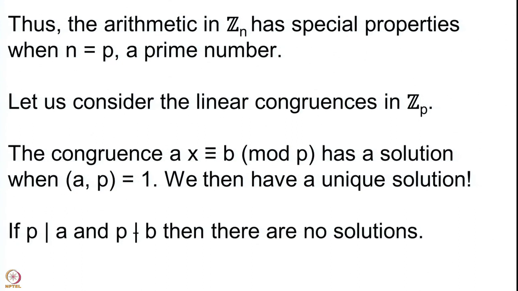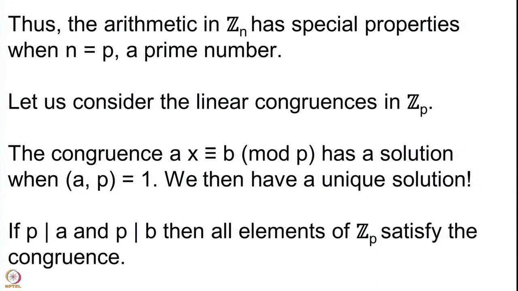Further, if you have p dividing a but p does not divide b, then there are no solutions. So, 0x equal to a non-zero b mod p cannot give you a solution. If you have that p divides a and p divides b, then everything is a solution, because this is like asking for 0x equal to 0 mod p, and whenever you put anything for x, you are going to get the answer to be 0.